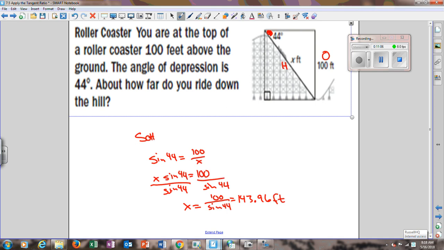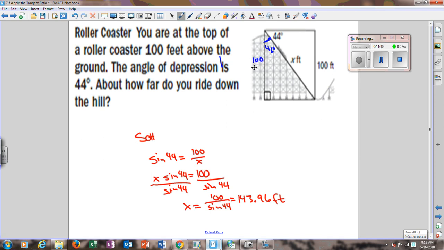All right. Another way to solve this, it's a little more difficult, but you know that this is a 90-degree angle. So it would make this angle 46 degrees.